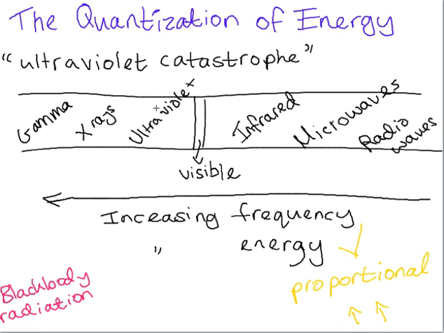And as you can see, this part of the electromagnetic radiation called ultraviolet is not in our visible spectrum. Its frequency is way too high for our eyes to see.